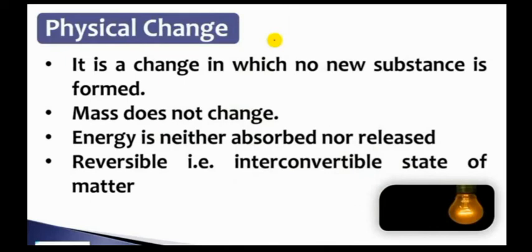Here you can see this picture in which the light glows. In this picture no new substance is formed and its mass also does not change, energy is neither absorbed nor released, and it is reversible. Means when we turn on the light it will glow, and when we turn it off the light returns to its first position.